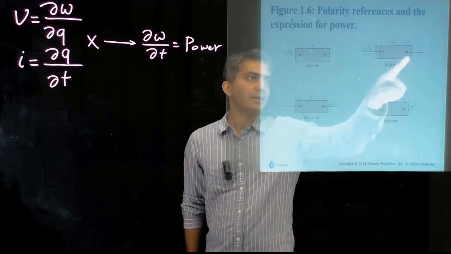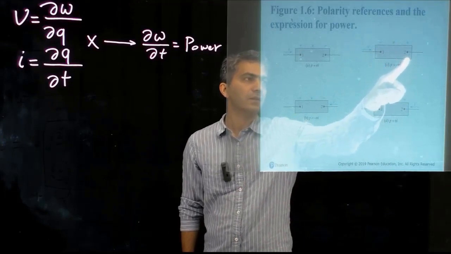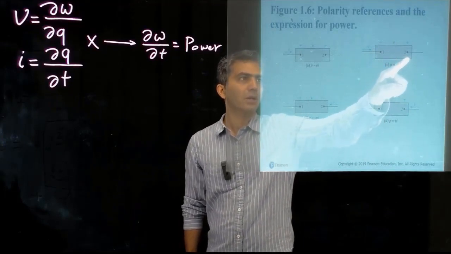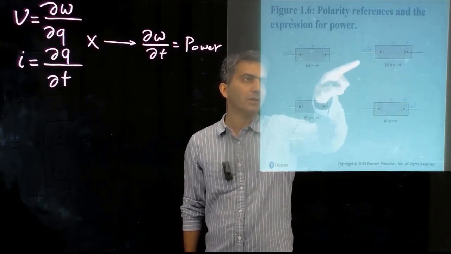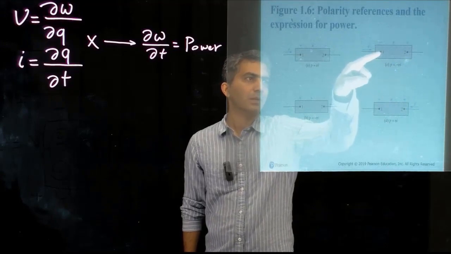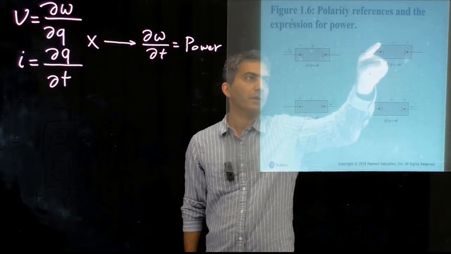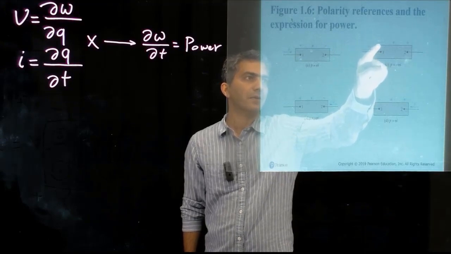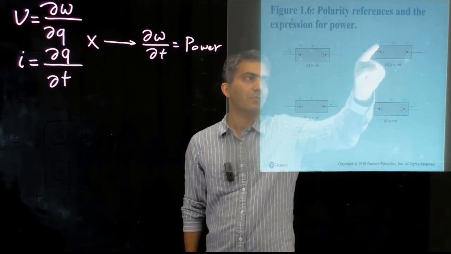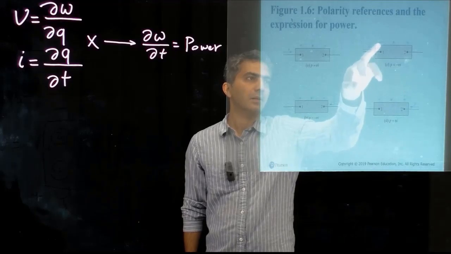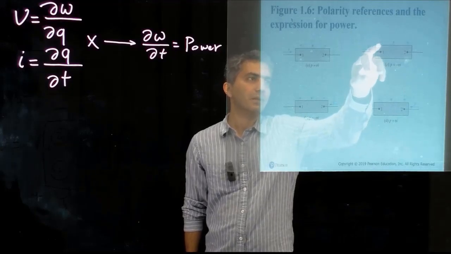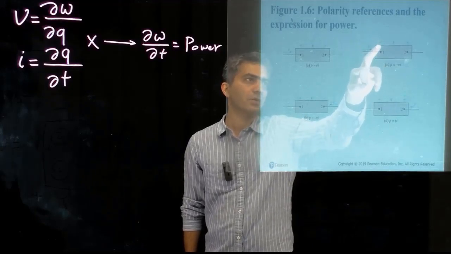But that's not the case if you have a situation like this, where the current actually enters the terminal with the potential that is assigned a negative sign, meaning that the presumption is that that's the lower potential.